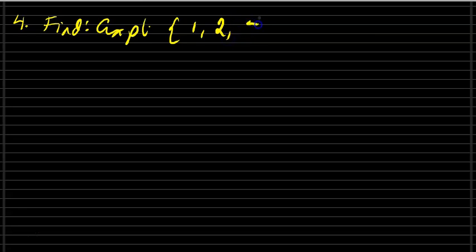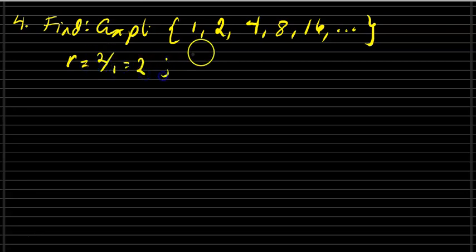Okay, so one more example for this. You are now going to be asked to find the explicit formula. The sequence is 1, 2, 4, 8, 16, and so on. The first thing we're going to do is find the ratio. We know that 2 divided by 1 is 2. Now let's confirm it. 4 divided by 2 is also 2, 8 divided by 4 is 2, 16 divided by 8 is 2.